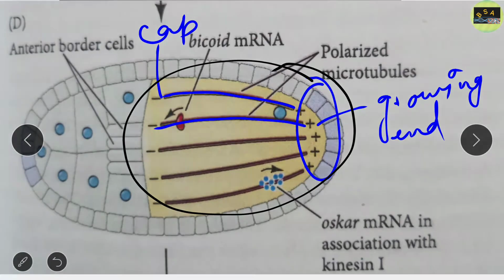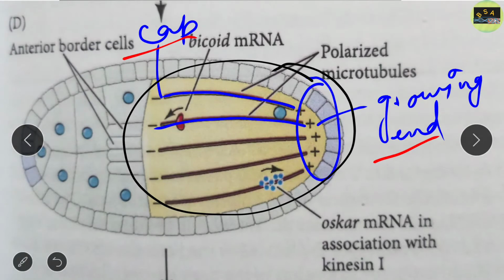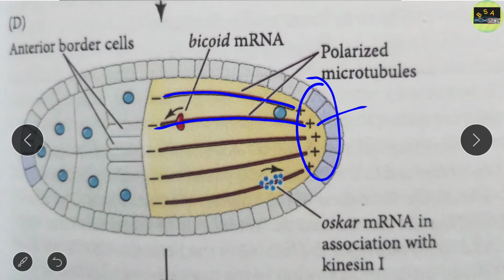So in the oocyte, microtubules are organized by the PAR1 protein, and these microtubules have two ends, the plus end and the minus end. The plus end is known as the growing end, and the minus end is known as the cap end. Clear? Now the orientation of the microtubule is important. Why? Orientation means the direction in which it is going to move.